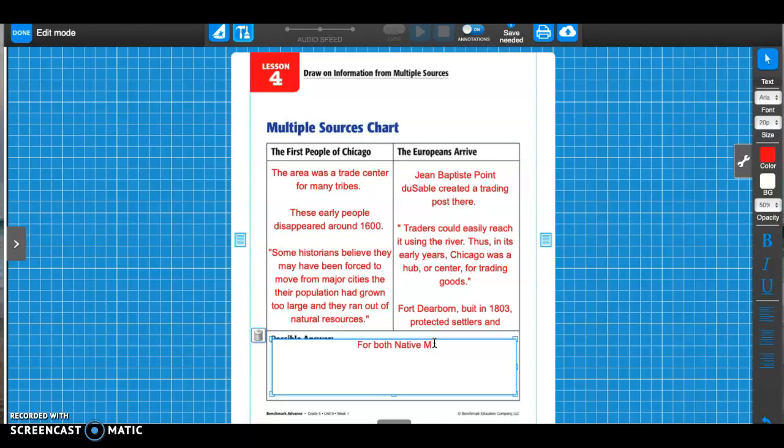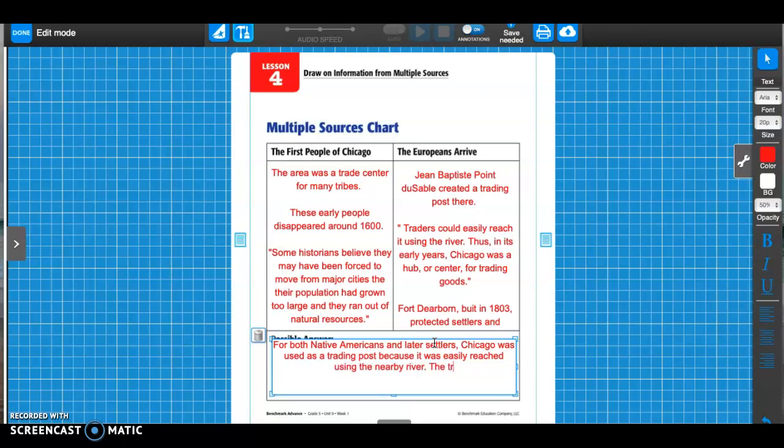So for both Native Americans and later settlers, Europeans, Chicago was used as a trading post because it was easily reached using the nearby river.